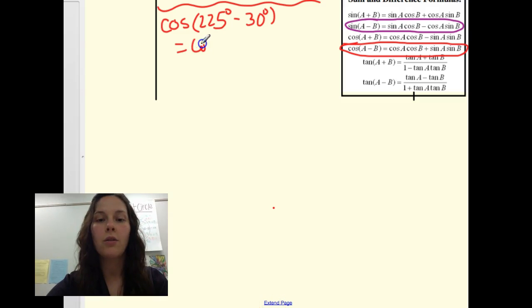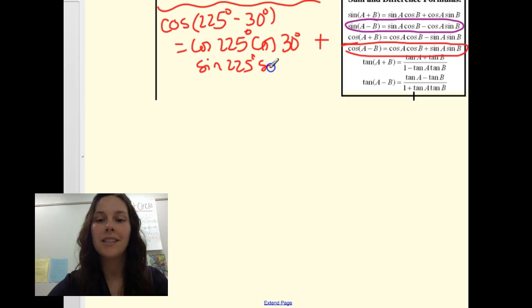So we have cosine of 225 degrees times cosine of 30 degrees plus sine of 225 degrees times sine of 30 degrees. So filling in these values quickly, we already found all of these values for sine. We're just going to be multiplying them in a different order.